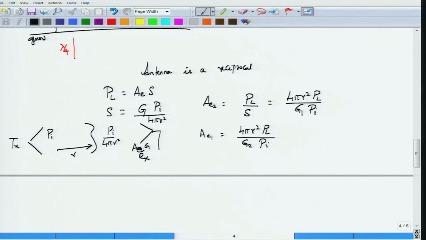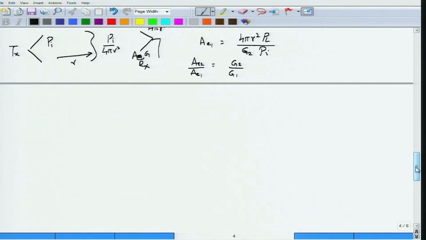Okay. So, this is essentially the reciprocity theorem, and if you now look at the ratio of the two effective apertures AE2 to AE1, that ratio will be equal to the ratio of their respective gains G2 by G1.